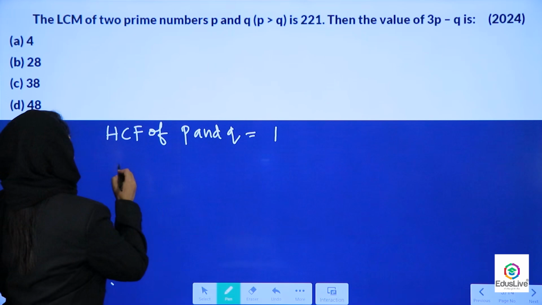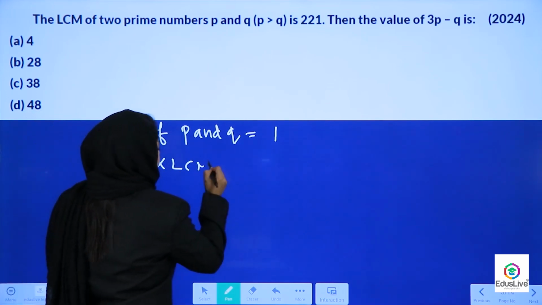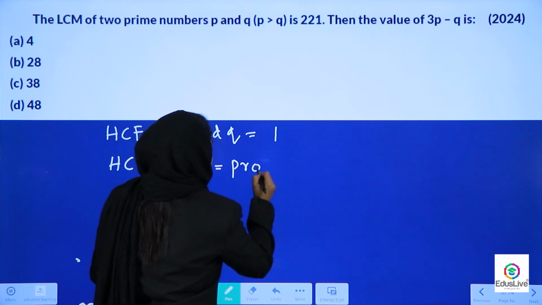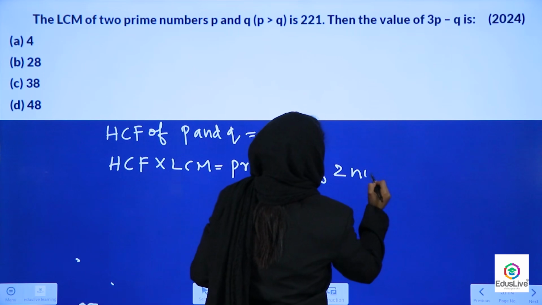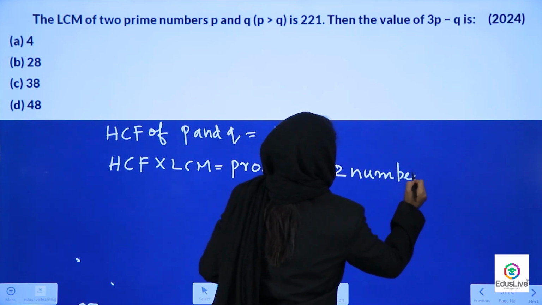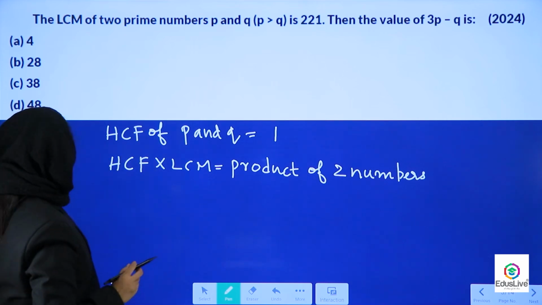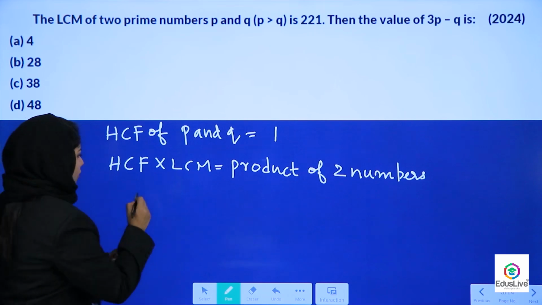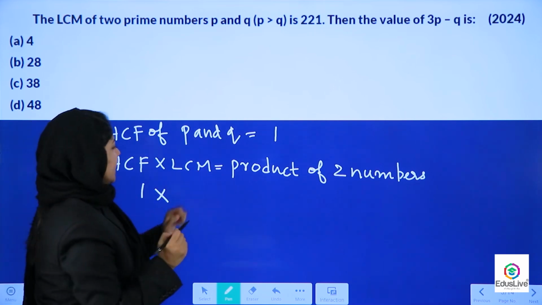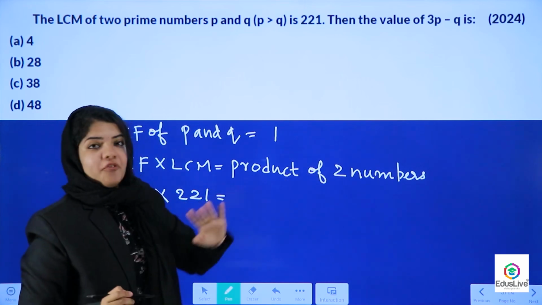And we know HCF into LCM is the product of two numbers. It is given LCM is 221. So 1 into 221 is equal to the product of two numbers.